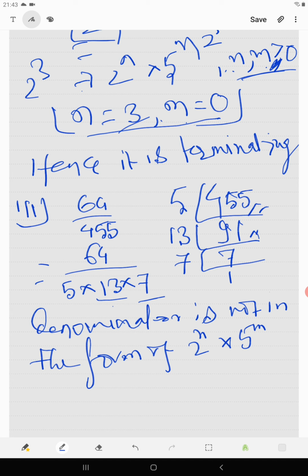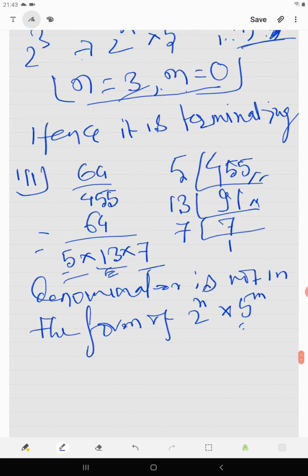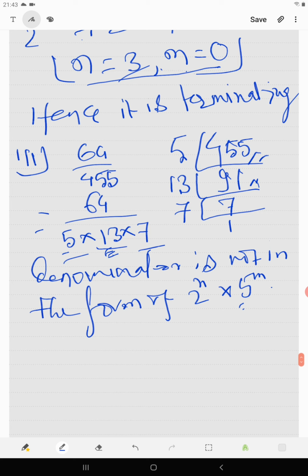So any power of 2 multiplied with any power of 5. There should be no other numbers, no other powers. So you can see over here we have numbers other than 2 and 5. Since 2 is not there, that is fine. 5 is there, so that is satisfied, but there are 2 extra things, 13 and 7, that should not be there. If it was only 5 then fine, but since we have 2 extra things, 13 and 7, hence it is not of the form 2 to the power n into 5 to the power m.